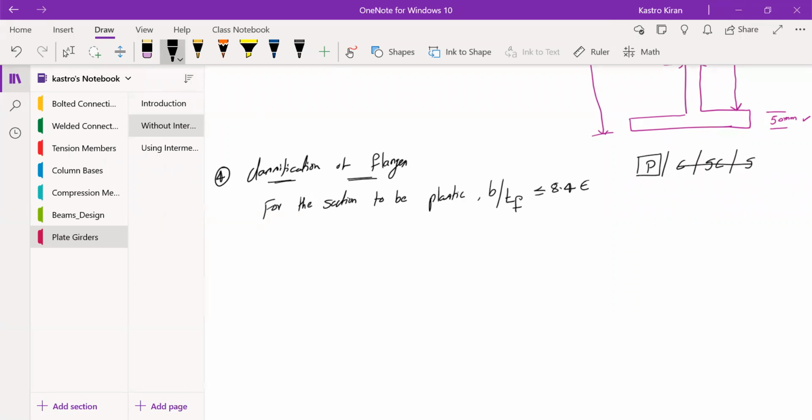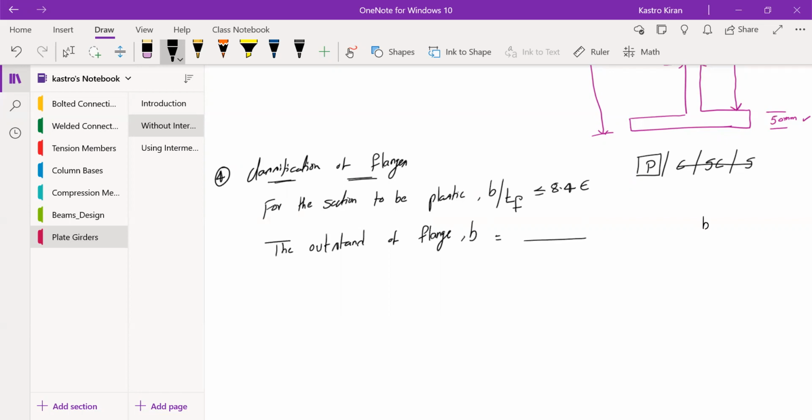The table which talks about the plastic, compact, semi-compact, and slender sections, we have discussed in the compression member. So by using the same table which is there in IS 800:2007, you are going to classify the section. Now the value of b has to be found out. The outstand of flange, that is b, how will you find it?